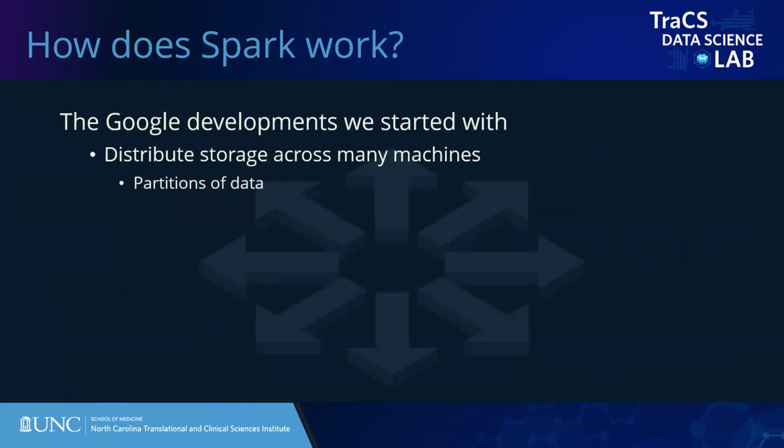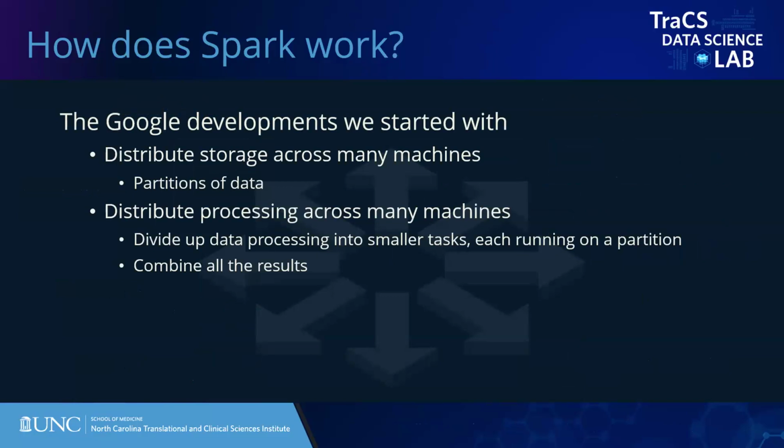First, for storage, to distribute storage across many machines by chunking data into partitions, and then scaling out processing by distributing that across machines. So you divide up your data processing task into smaller tasks that can then run on separate partitions of your data. And then all of the results have to be combined together at the end.